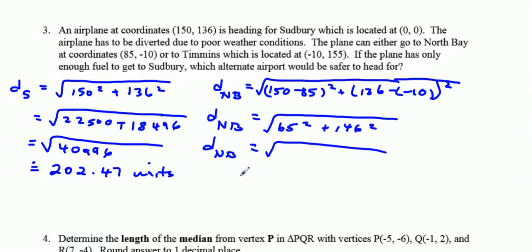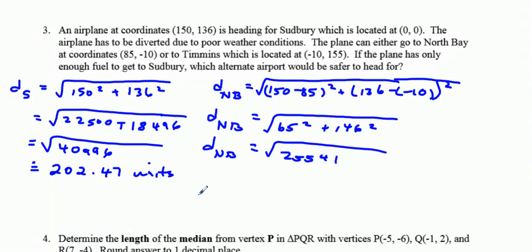And then just add that together and get 25,541. So I'm looking here right off the bat, and the square root of 25,541 I know is going to be less than the square root of 40,996. So I know right now that I have enough fuel to get to North Bay.